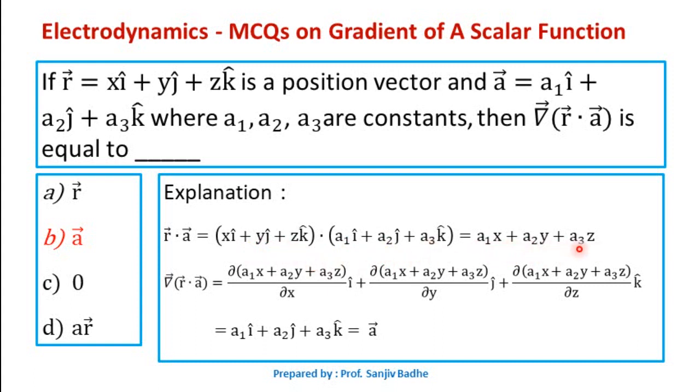Now let us find out gradient of this a1x plus a2y plus a3z. So that will be del (a1x plus a2y plus a3z) by del x i cap plus del (a1x plus a2y plus a3z) by del y j cap plus del (a1x plus a2y plus a3z) by del z k cap.